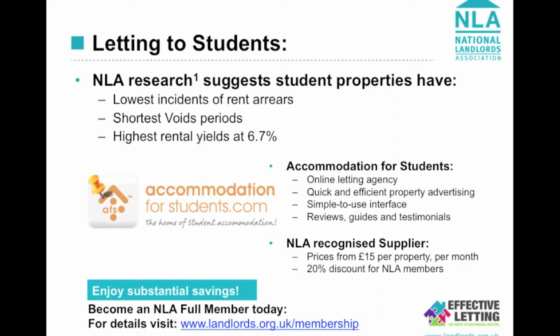Student landlords also experience the lowest incidence of voids, with fewer than 1 in 3 having empty properties in recent months. In addition, student tenants and houses in multiple occupation offer the highest rental yields, 6.7% and 7% respectively, which is considerably higher than the 6.1% which is the UK average.